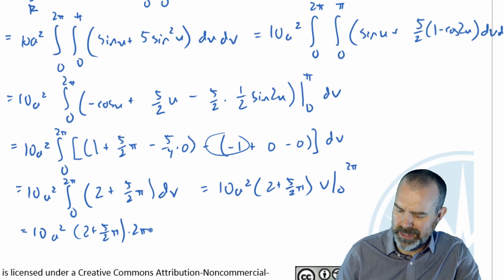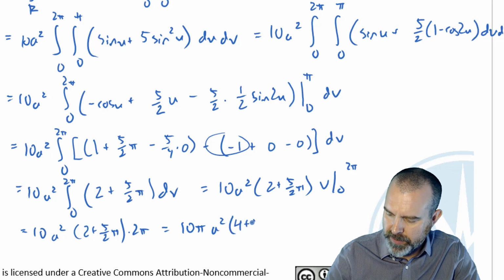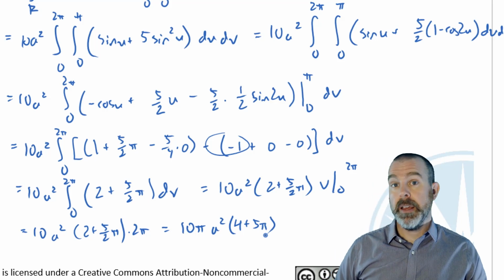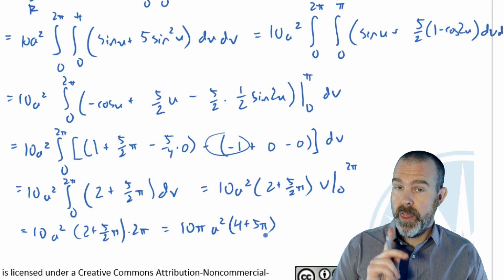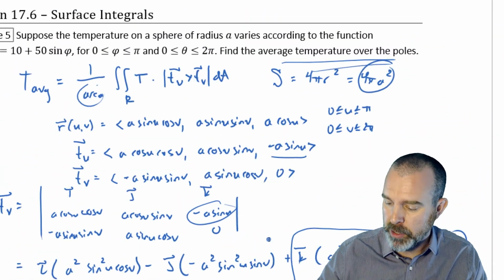And I guess we could distribute the two. I have this written 10 pi a squared times 4 plus 5 pi. Okay, not done, almost done. That is the surface integral of the temperature.